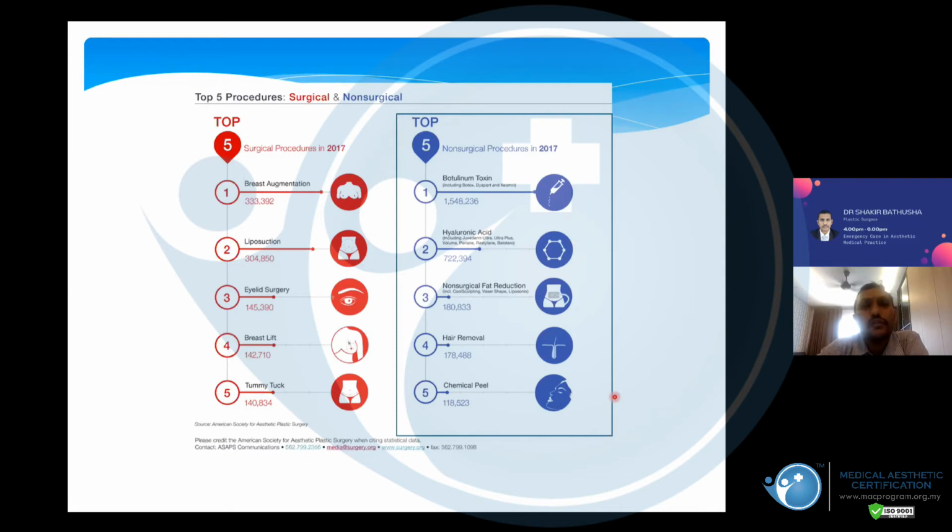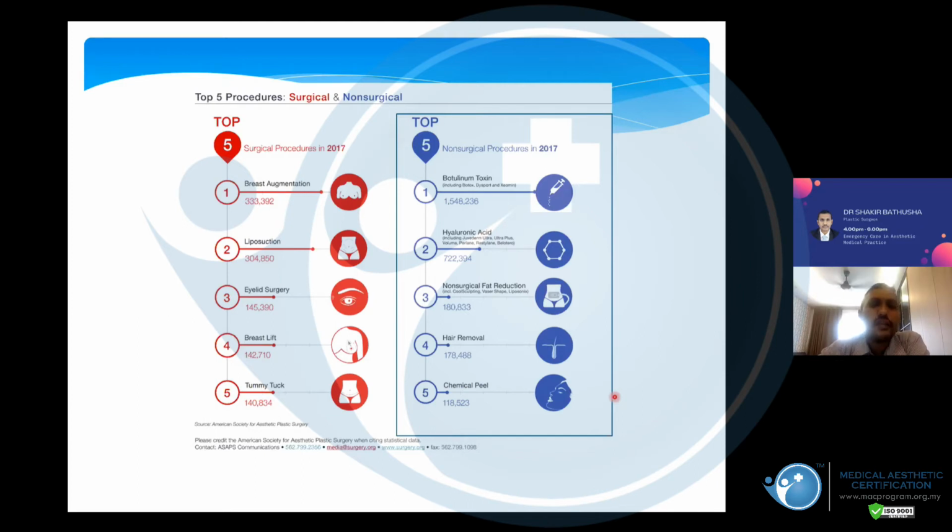For the top surgical procedures, breast augmentation still holds number one, followed by liposuction, eyelid surgeries, breast lift, and tummy tuck. The non-surgical procedures are Botox, filler, non-surgical fat reduction like cool sculpting, laser shaping, liposonics, hair removal, and chemical peel.